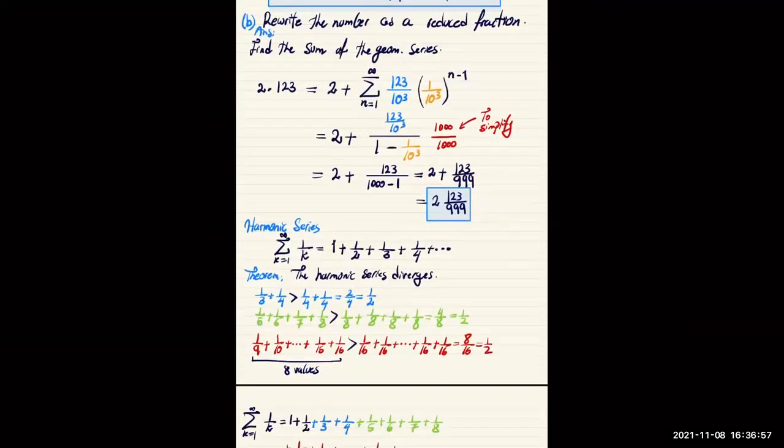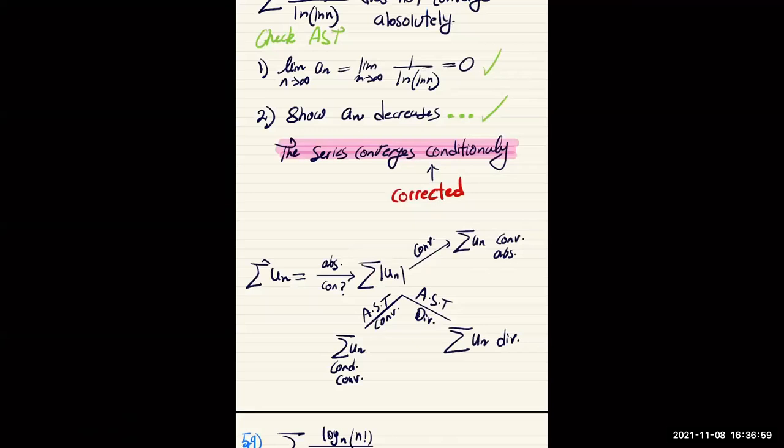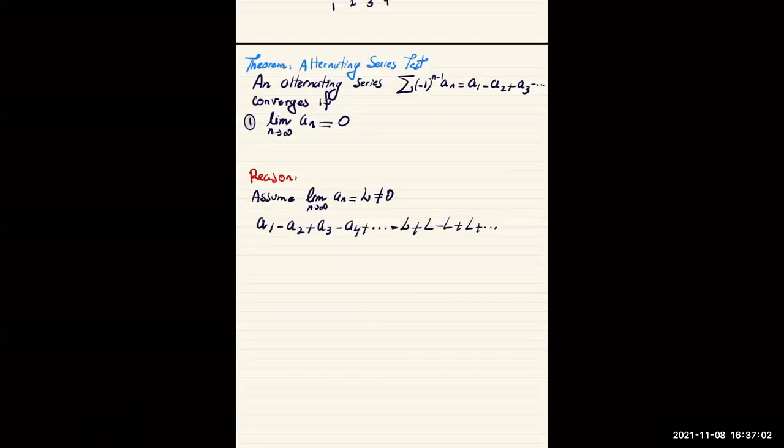Well, if you just think about it, if you add negative L plus L, the partial sum is not going to have a limit. Just think about this for a second. The partial sums will not have a limit because if you add negative L plus L, you will get 0.